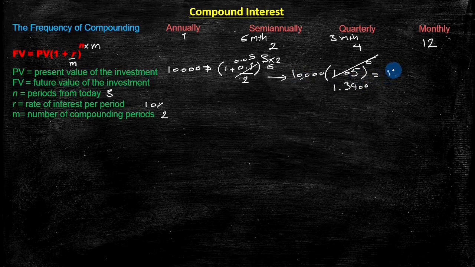The whole thing becomes $13,400 and some change. So that's the future value of $10,000 if it is compounded semi-annually with a 10% interest rate after 3 years. So 3 years, 2 compounding periods per year, overall 6 compounding periods, right?